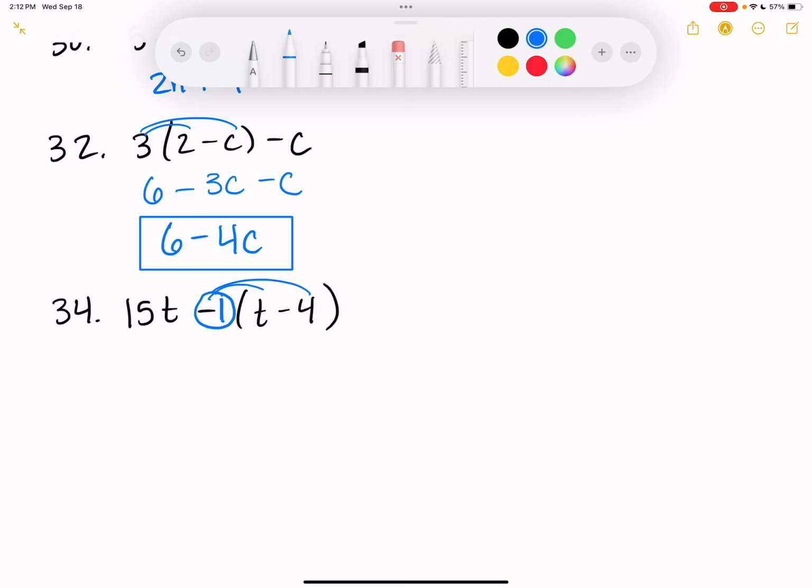So I bring down the 15t. Now when I distribute this negative, what does that give me? Negative t and positive 4.